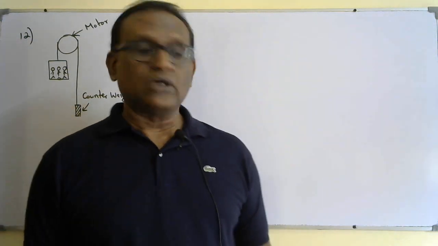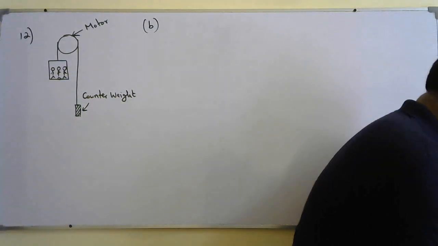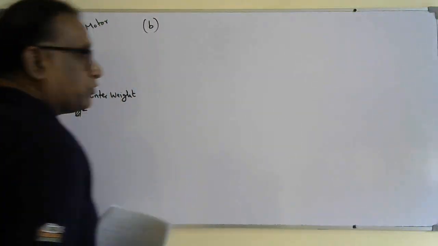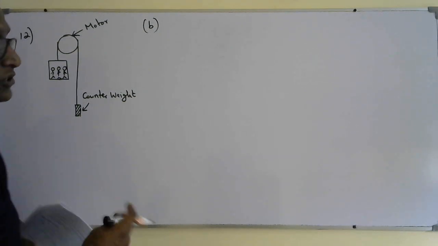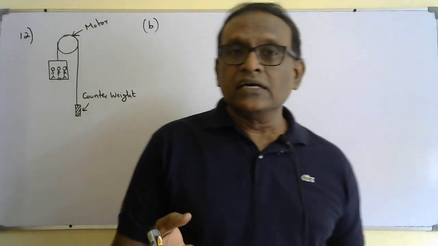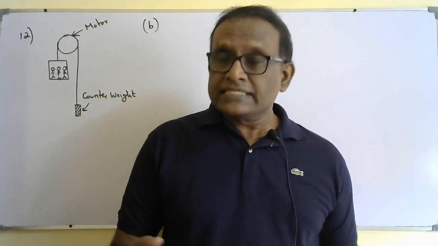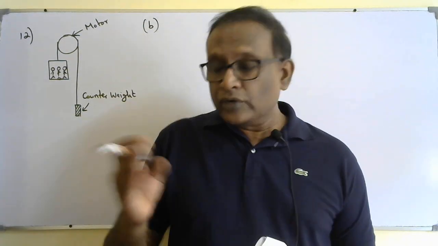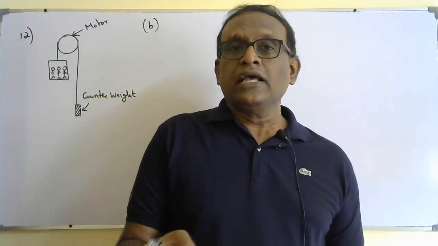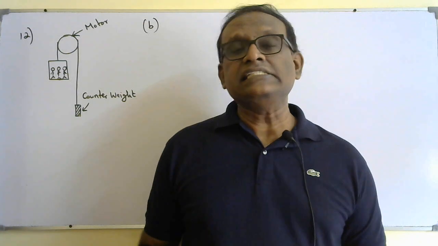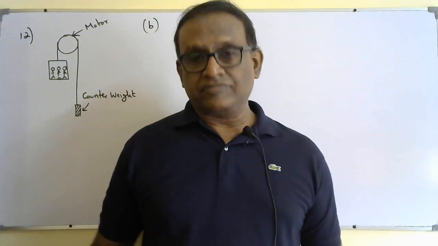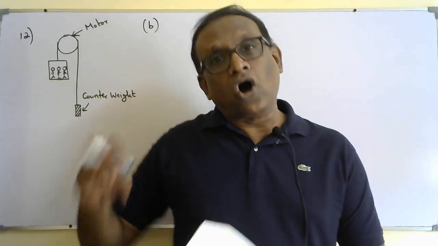Means first we should find the work done by the electric motor. So already I wrote the equation. Work done by the electric motor plus loss in GPE of the counterweight equal to gain in GPE of the lift. So gain in GPE is the work done on the lift.